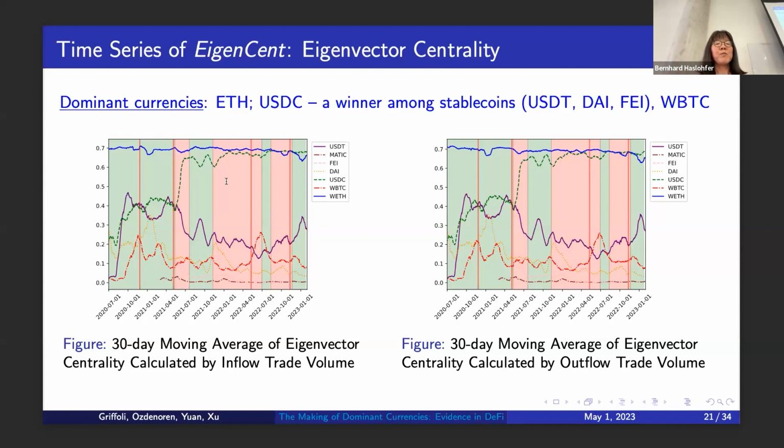The dominant status didn't really change over time, but there's a battle among the stable coins. In the early days, USDT has about the same dominance as USDC. Clearly, USDC is the winner among all stable coins.